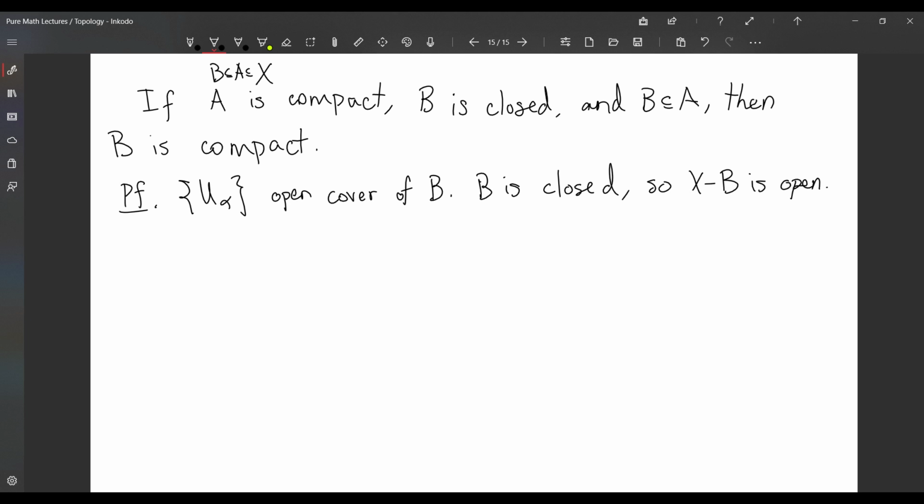Although really, if you were dealing with the subspace topology, technically you don't have to refer to X, you could refer to A if you're saying B is closed in A. It really just depends whether you're saying it's closed in A or closed in X.